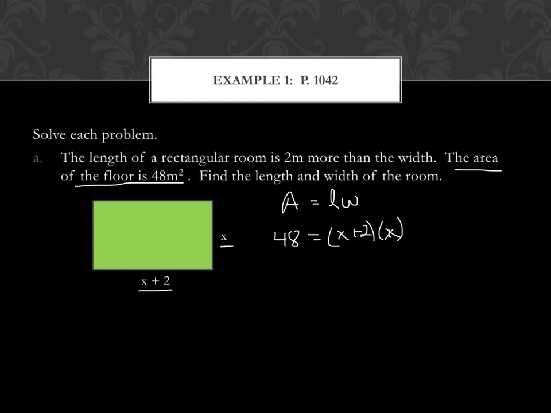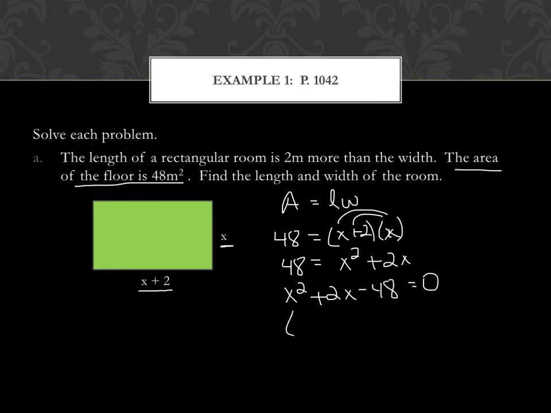Okay, so then multiplying that out, we can distribute the x. So we get 48 equals x squared plus 2x. And then as a quadratic, we need to set it equal to 0. So I can subtract 48 from both sides, giving me x squared plus 2x minus 48 equals 0.